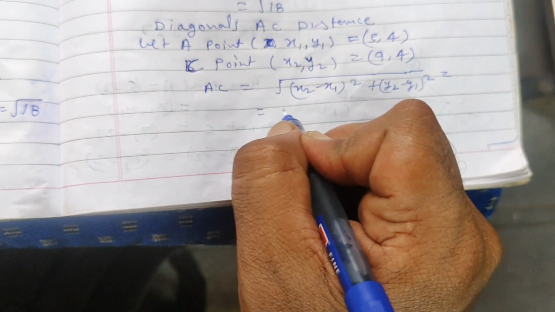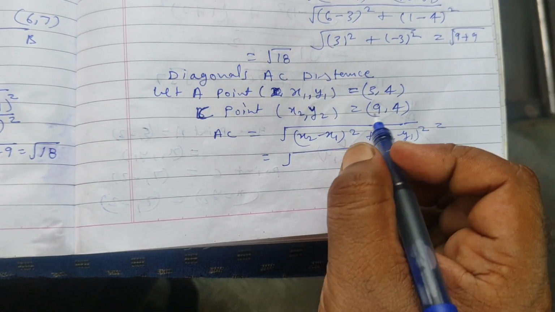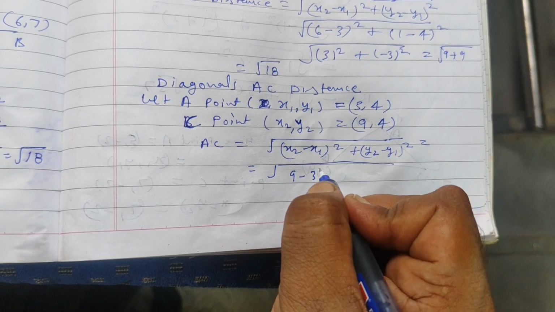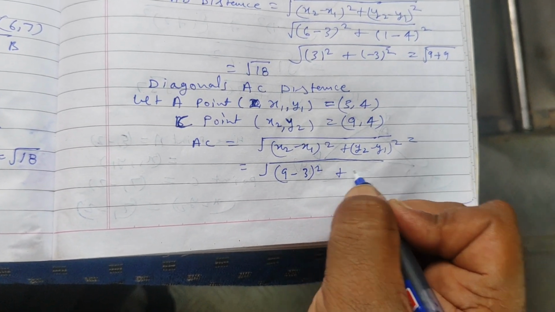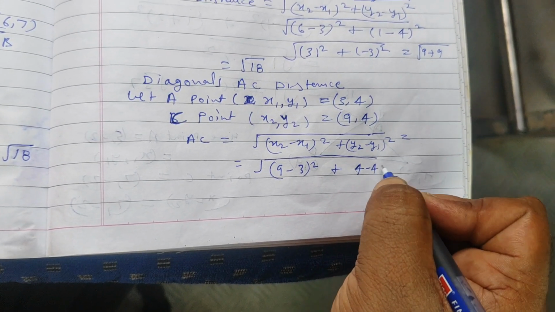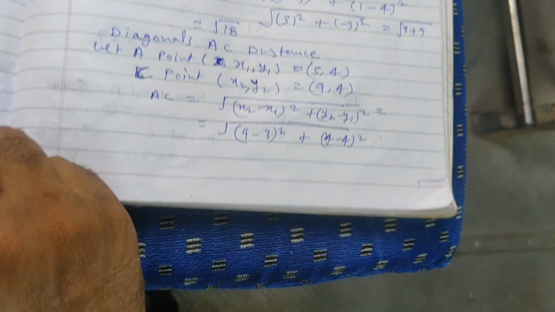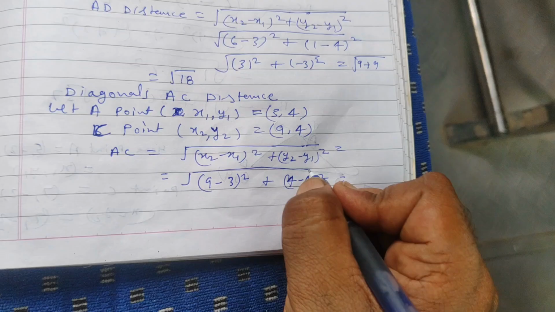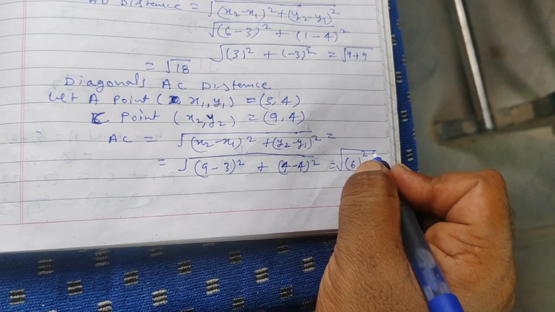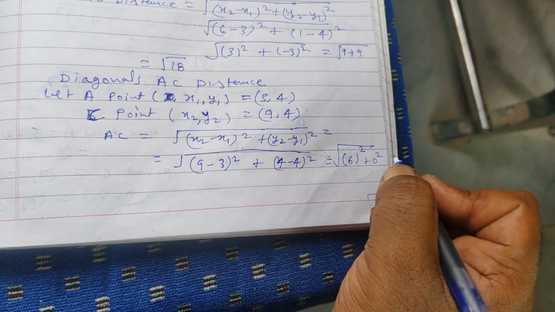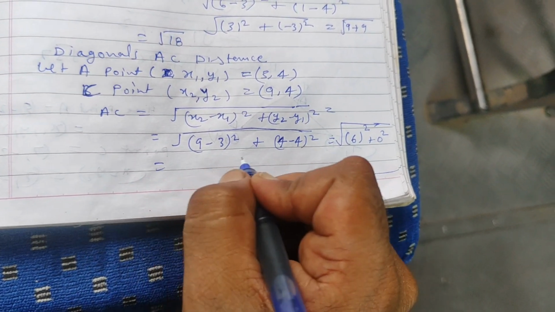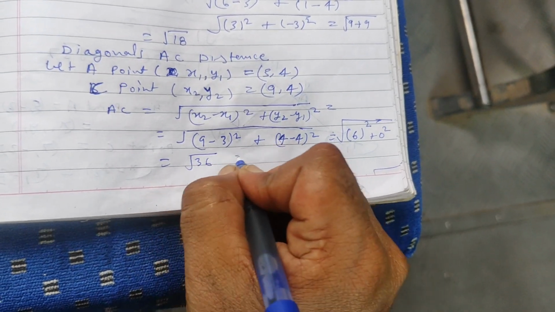So 9 minus 3 plus 4 minus 4 is equal to 6 squared plus 0 squared. 36, which comes to 6.